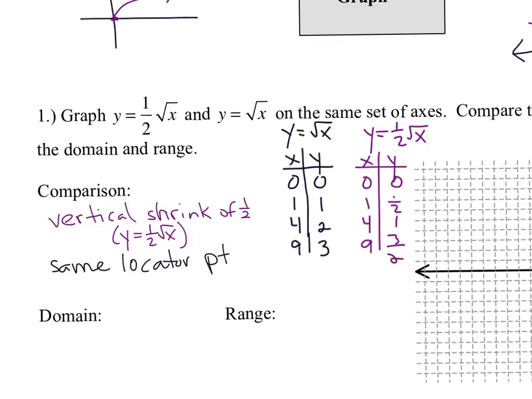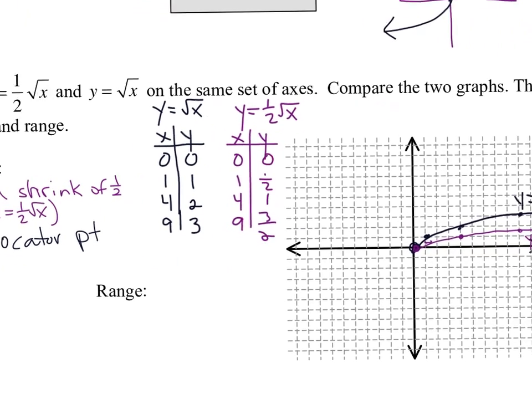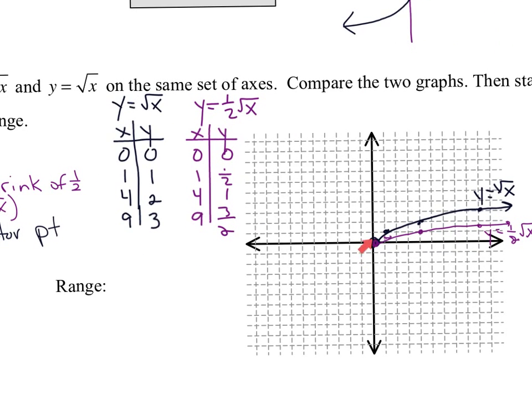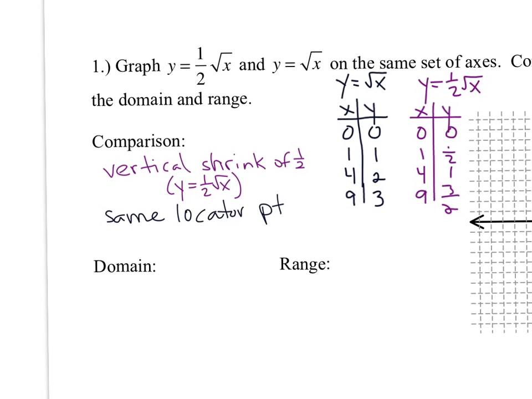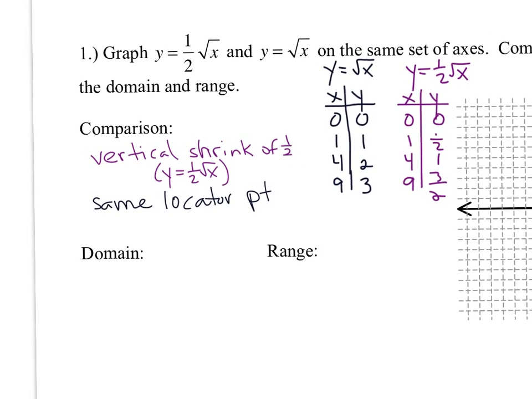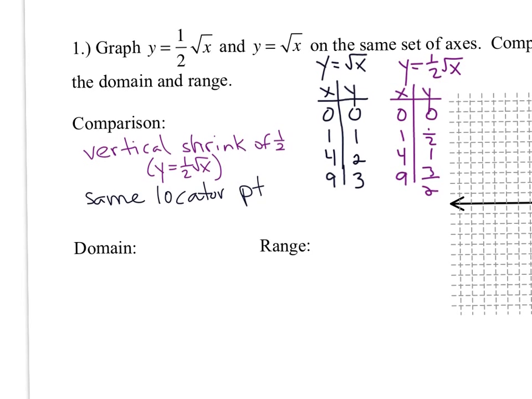The locator point essentially is just the vertex, quote unquote, the vertex where it's located around. In this case, the locator point would be 0, 0. It's this point here where the square root function initiates from. And they're both square root functions. It's pretty much the comparison that you have there.